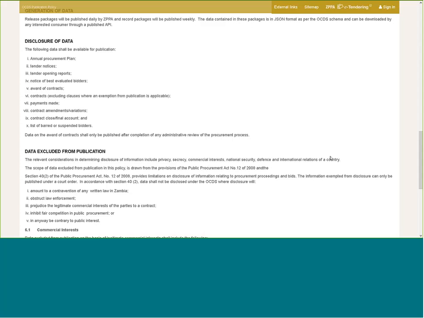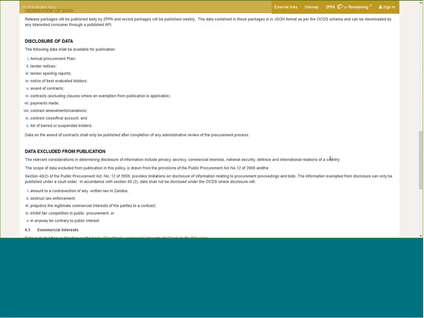And we find the national system tends to have more information than the OCDS itself. In terms of accuracy, or perhaps reliability, the data on the OCDS doesn't always come up as reliable as the data on the official e-procurement system.